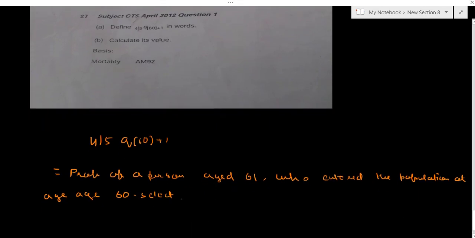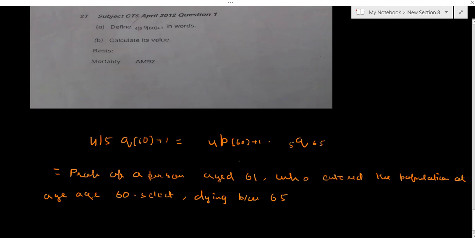So it's the probability of this person dying. He has to first survive for 4 years because there is a deferment of 4. So first he has to survive for 4 years, so he has to die after age 61 plus 4, which is 65, and then he has to die within the next 5 years, because this just means 4 p 60 plus 1 into 5 q 65.